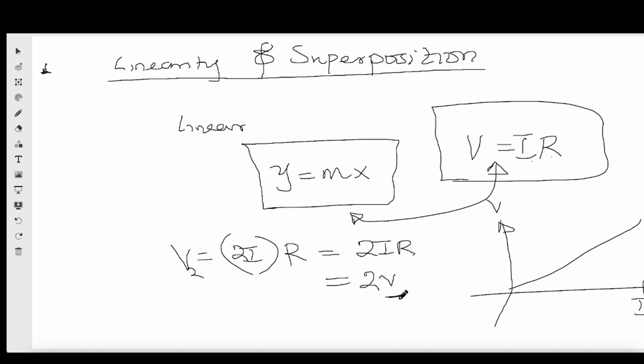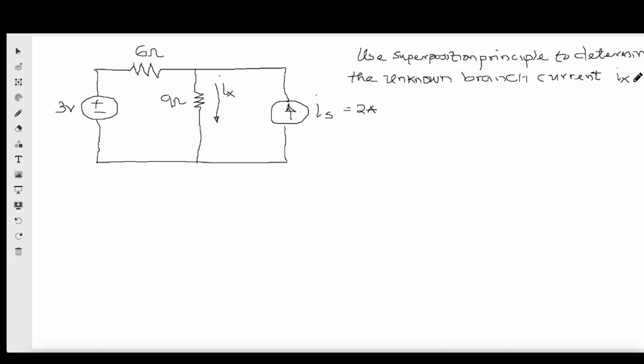We will then get the response of each source and add them together to get the total response of the circuit. We'll see how that is done very soon. This is the circuit we will use to explain how to apply the superposition principle to solve for the variable of interest in a circuit.